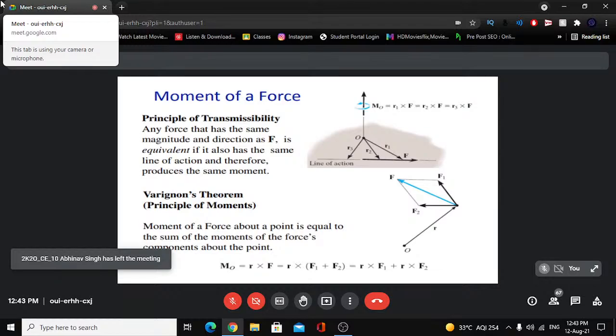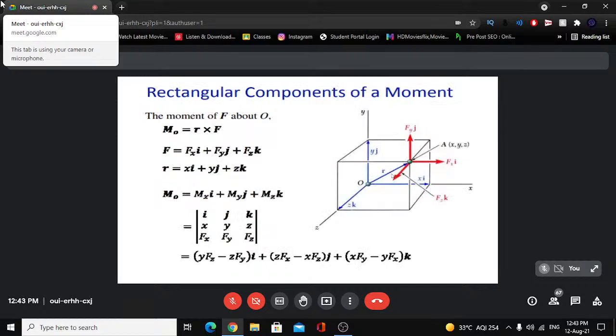So we'll apply the law of transmissibility, the principle of moments, that is Varignon's theorem, in the analysis. Now let's get the rectangular components of a moment. We have the moment about O, that is R cross F, because of a given force.